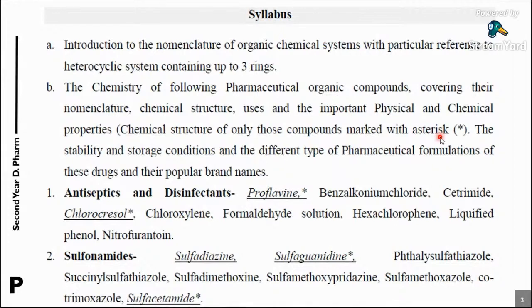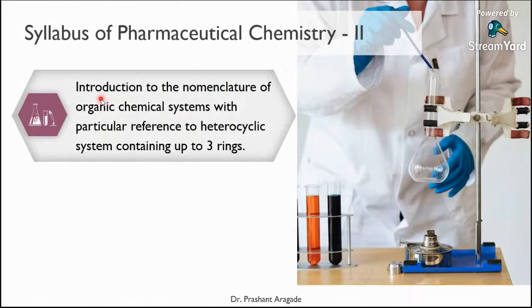with the asterisk mark. Your syllabus starts with the nomenclature of organic chemical systems. This is very important, because if you know the different types of functional groups and how to name them, it will help you draw the structures of drugs.